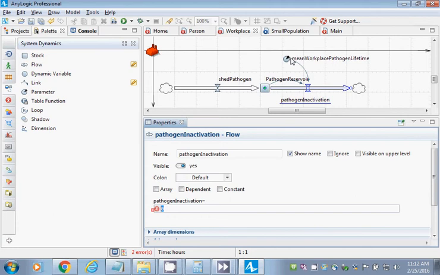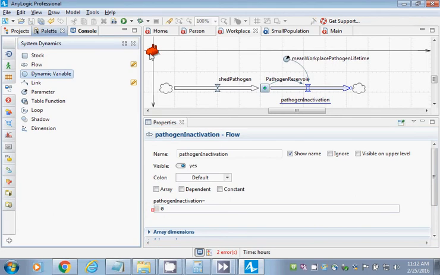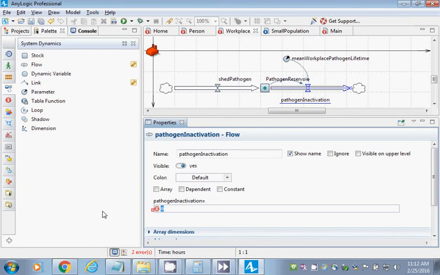For now, for pathogen inactivation, we're going to put a simple formula, which will be pathogen reservoir, and this is a theory-based formula based on theory of system dynamics and the mathematics involved. It's pathogen reservoir divided by the mean pathogen lifetime.